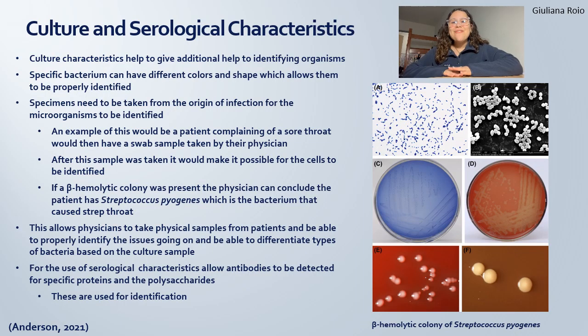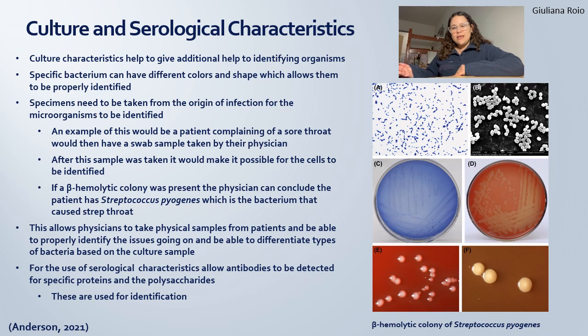Okay, next we have culture and serological characteristics. Culture characteristics help to give additional help to identifying these organisms. I'm going to give you guys a little bit of a breakdown to get a better idea of what exactly this entails. Specific bacterium can have different colors and shapes, which allows them to be identified properly.